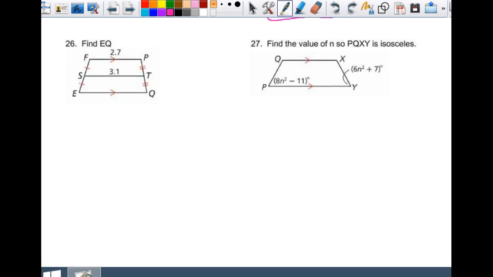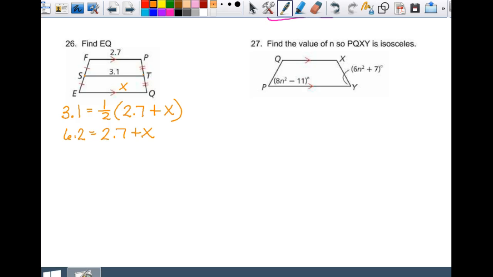Then, oops, I'm looking for the length of EQ, so I'm going to call it X. Again, this is a mid-segment, so the rule is the mid-segment, which is 3.1, is equal to half of the sum of the bases, so that's 2.7 plus X. I could distribute the 1/2, but I'm just going to go ahead and multiply both sides by 2. So this is going to give me 6.2 over here is equal to 2.7 plus X. Then I'm going to subtract 2.7 from both sides.